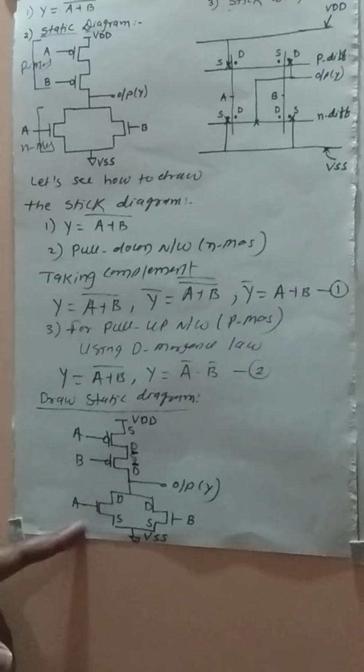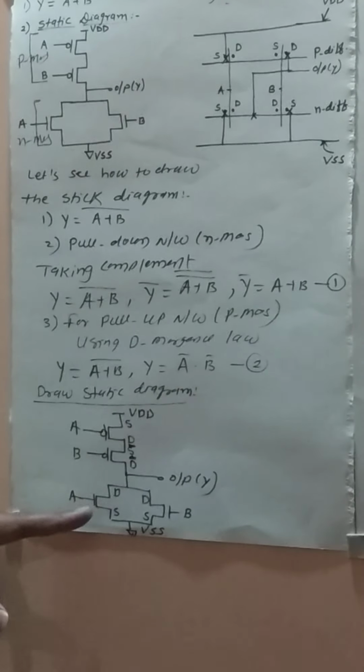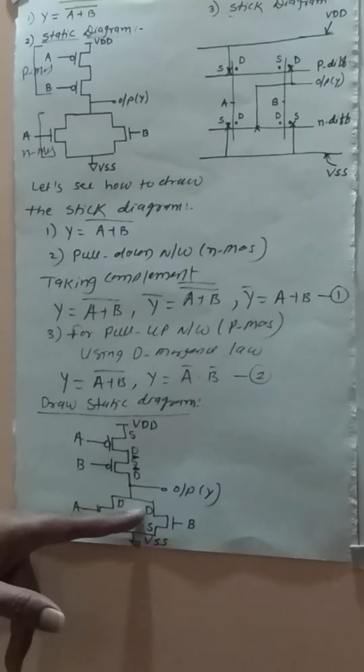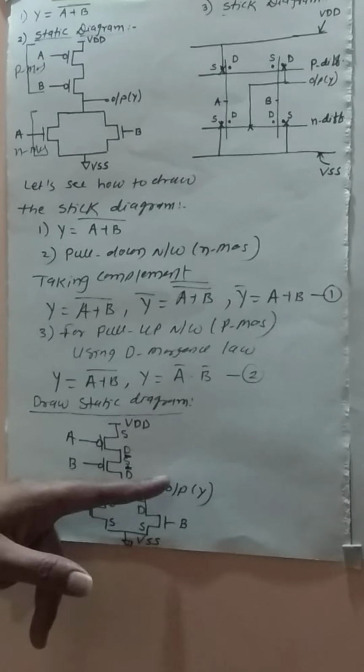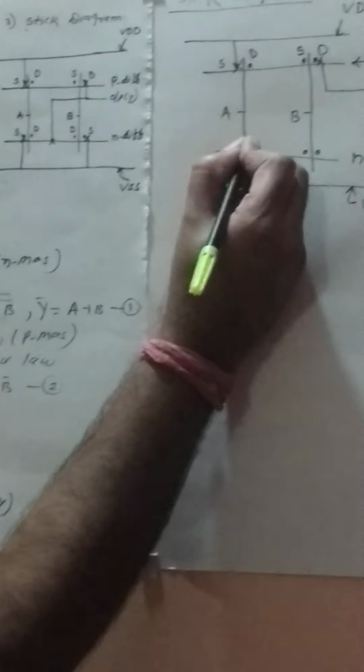This is about the PMOS. Now when you talk about the NMOS, drain of A and drain of B are common, right, and connected to the output. So I write drain of A here and drain of B here, and connect both drains to the output, and the connection is represented by the cross.